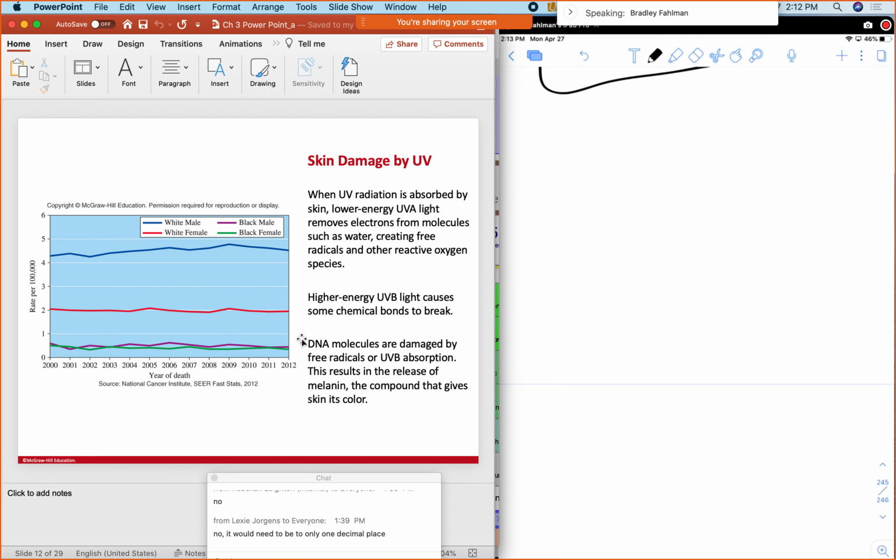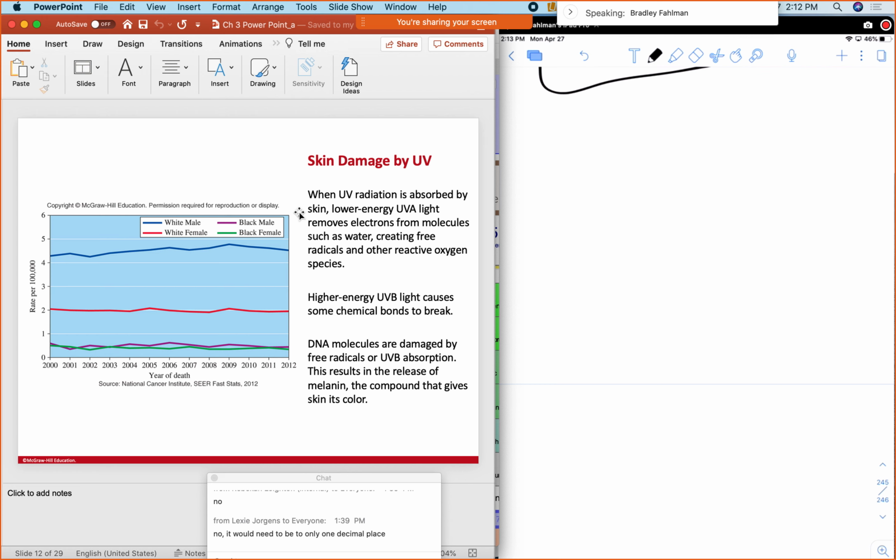Maybe a question like why African Americans have lower incidences of skin cancer. It's the melanin in their skin that gives natural protection versus Caucasians.